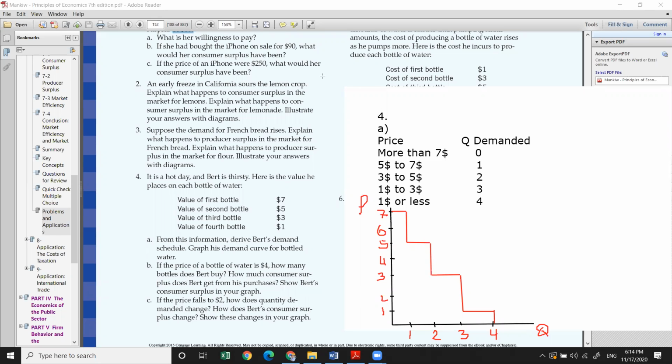Let me draw it in black. When the price of each bottle becomes $4, the bird buys 2 bottles of water.